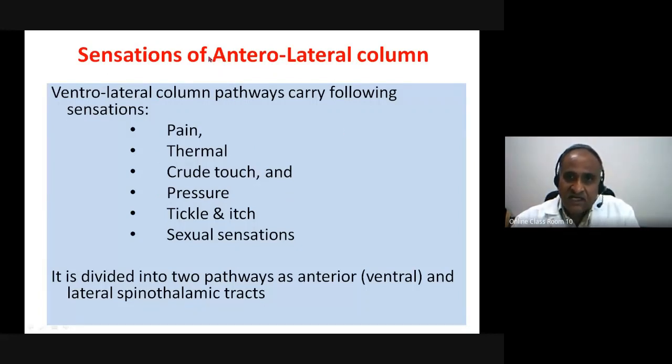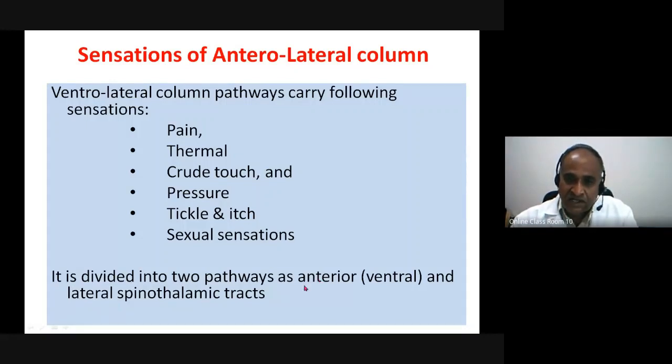As the name indicates, the anterolateral column is divided into two parts. One segment is in the anterior column of the spinal cord, and the other segment is in the lateral column of the spinal cord.